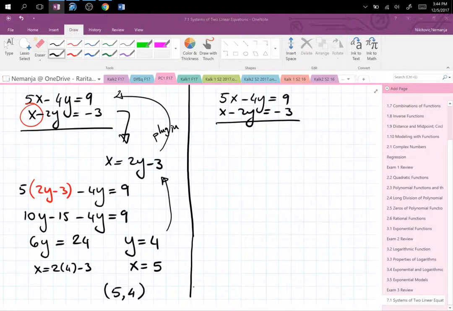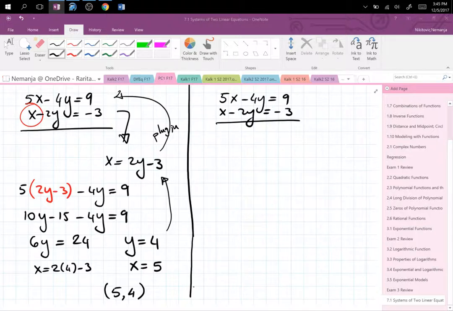When I add them, they are gone. Or, which is my preferred thing to do, multiply the bottom equation by negative 2. I'm multiplying by a smaller number and getting smaller numbers. You can do that. It's fine. And you can multiply both equations at the same time if there are no easy common things to work with, like 2 and 4 and so on. We'll see that as well.